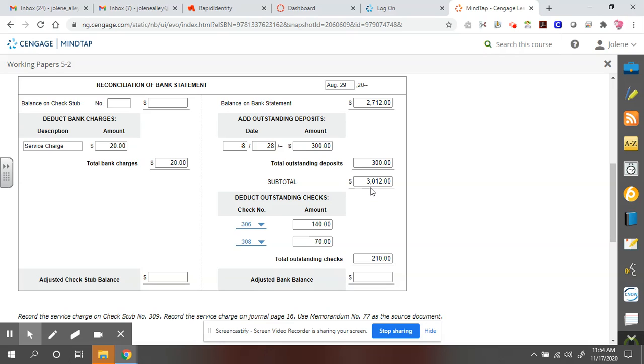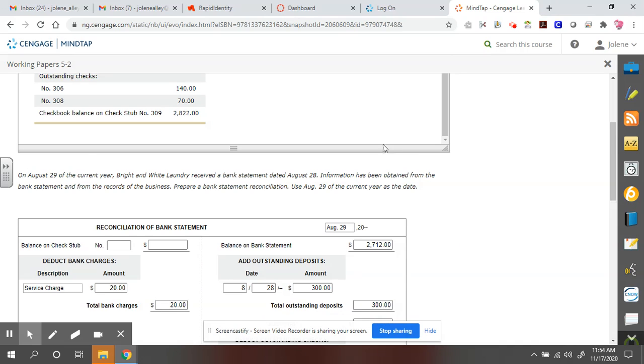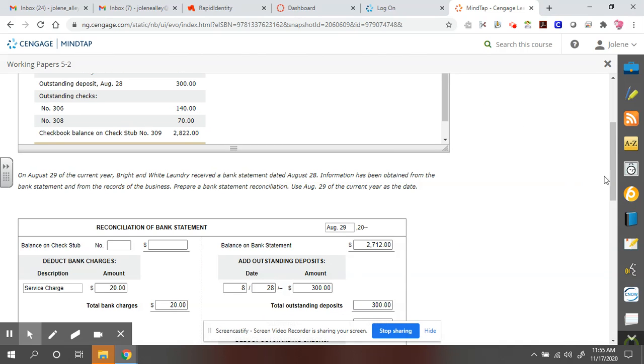Okay, so I'm going to do the $3,012 minus the 210, and I have 2802. $3,012 deduct outstanding checks of 210, and you get 2802. Okay, so that took care of those checks.